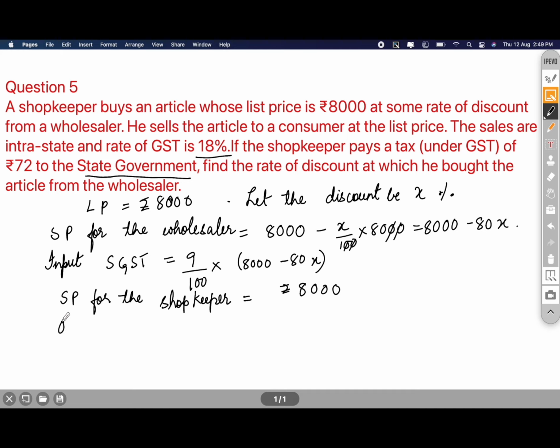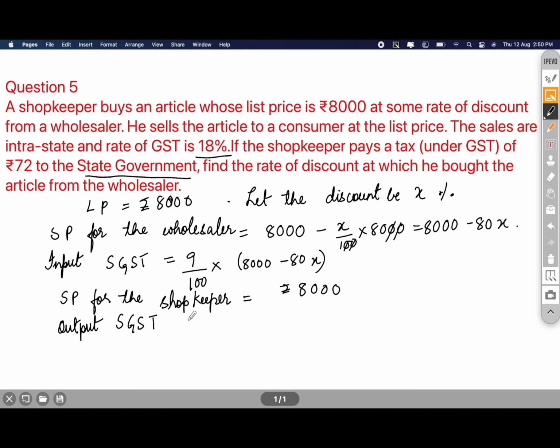Now output GST. In my previous video I had already said that output tax is always calculated on the selling price of the article for the dealer, means it is collected from the consumer.